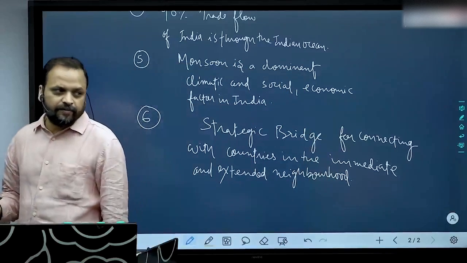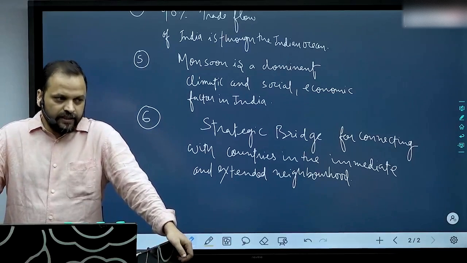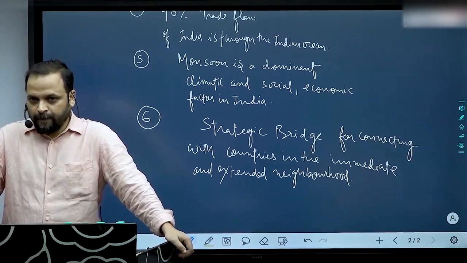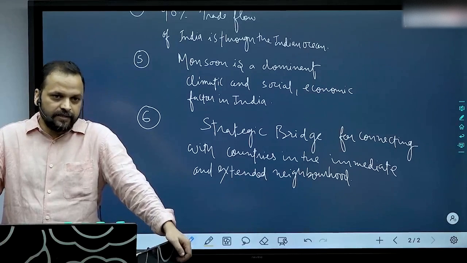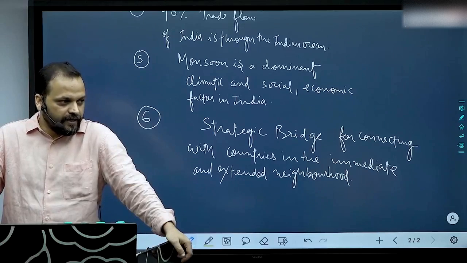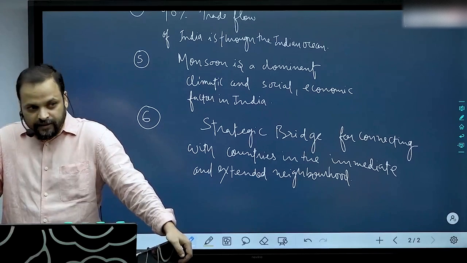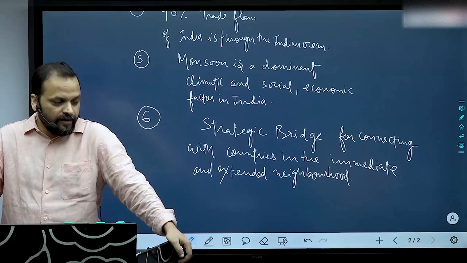So it is a strategic bridge for us. It is one geographic feature that connects India with Africa, connects India with West Asia, connects India with Southeast Asia. Do you understand the point? So that's why sometimes it is referred to as a strategic bridge that connects India with multiple regions.